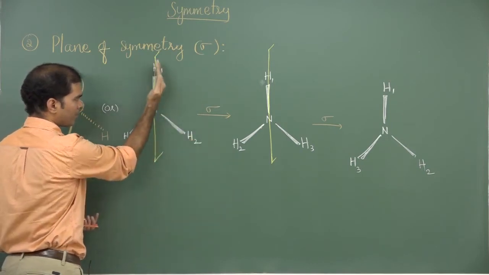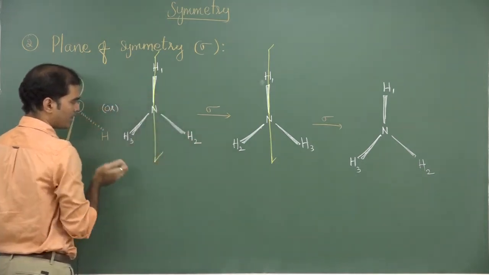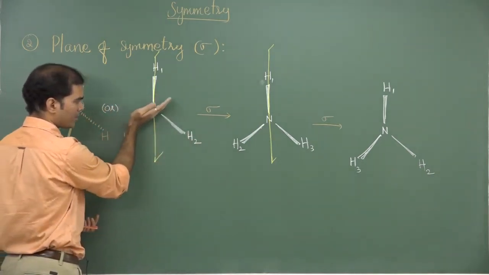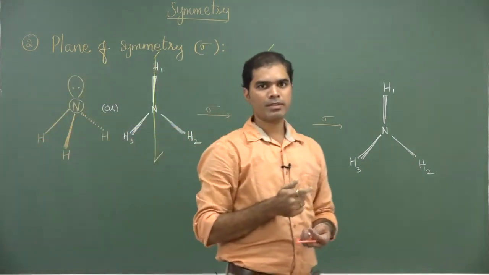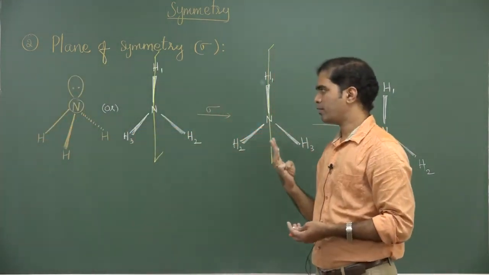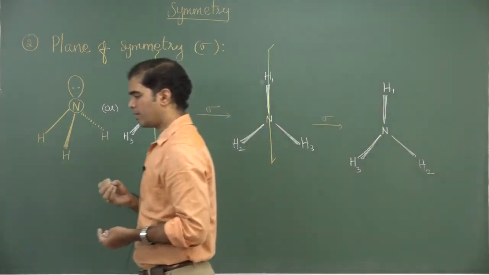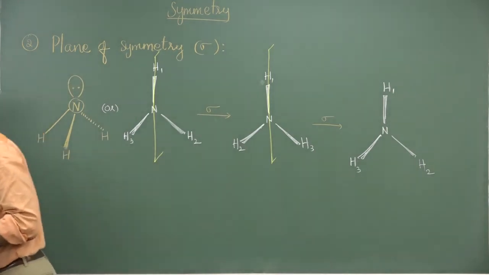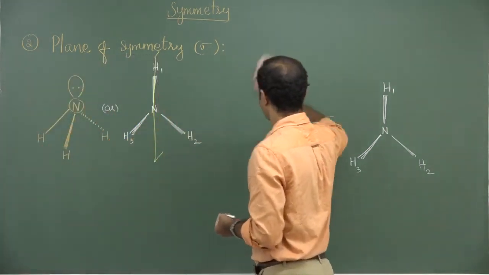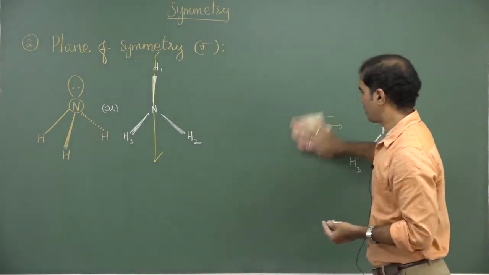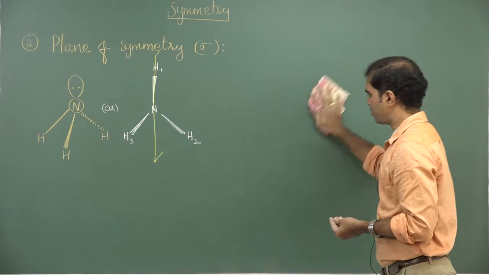One which is passing from H1 and nitrogen, another which is passing from H2 and nitrogen, and a third which is passing from H3 and nitrogen. So the conclusion is ammonia has 3 different planes. Each plane is passing from the central atom nitrogen and taking one hydrogen at a time. Water molecule was having 2 planes. Ammonia has 3 planes.